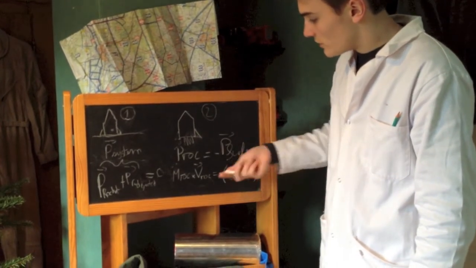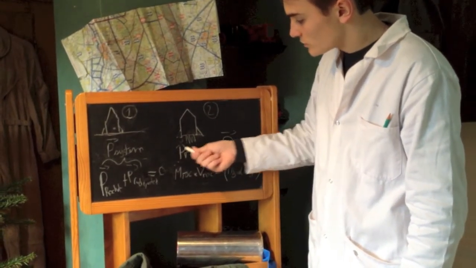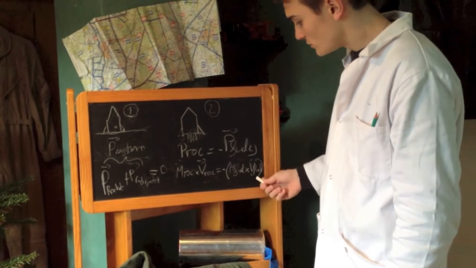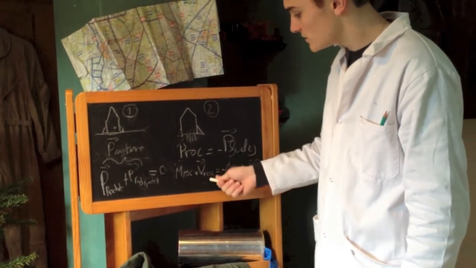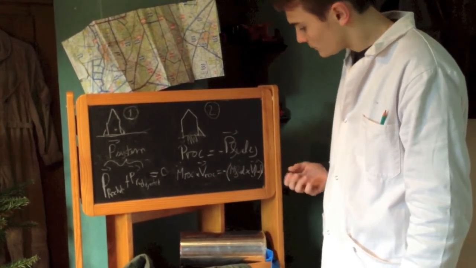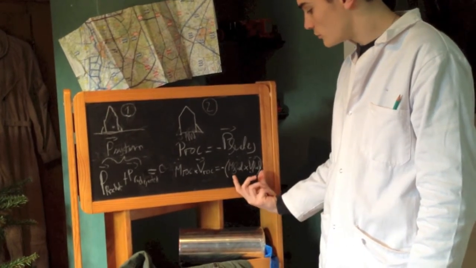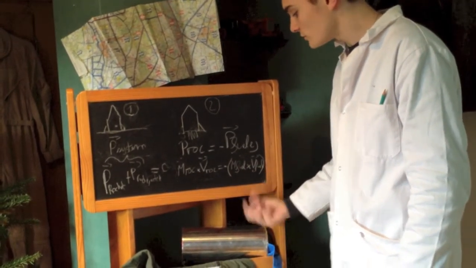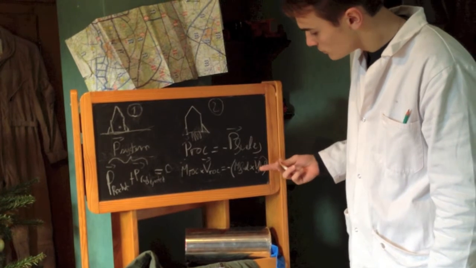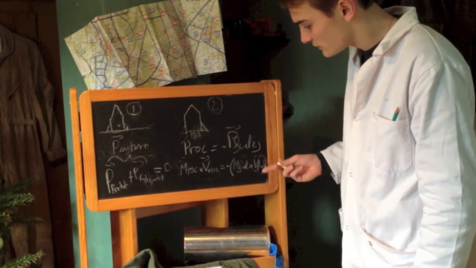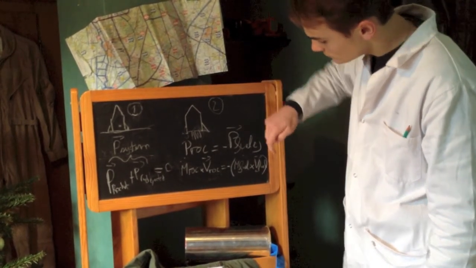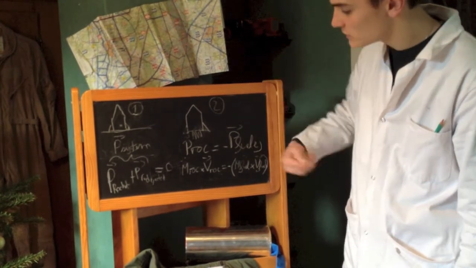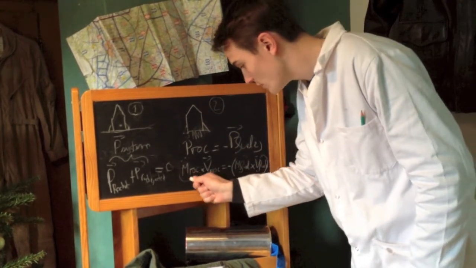By developing the quantity of motion, we get this equation. This is equal to this in module, and because the thrust is constant, the mass of the fuel and the velocity of the fuel ejected are constant, so this part is constant, but the interesting thing is down there.